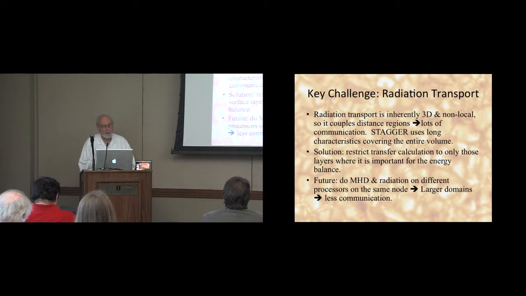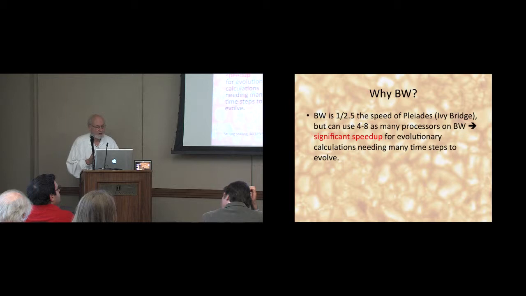One of the things that we've been working on for the future is to split up the processors on given nodes so we can do the radiation separately from the hydro simultaneously, and possibly even be able to put the radiation on the GPUs. And this will allow us to use larger domains, so there'll be less communication. And this is the strong scaling we have at the moment.